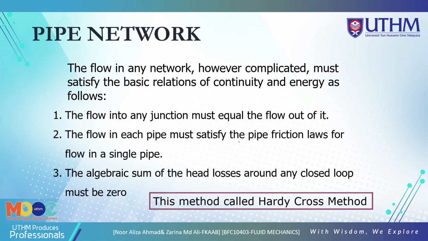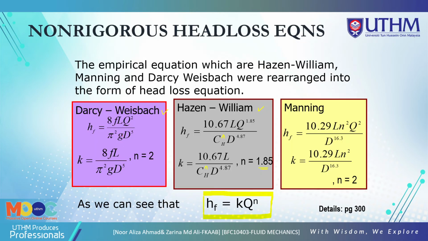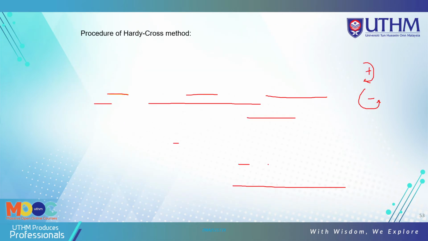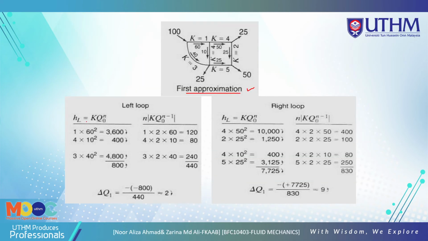The HL here is based on the formula of Darcy-Weisbach or Hazen-Williams. So you get the HL based on K times Q, and this K is based on the K given here.